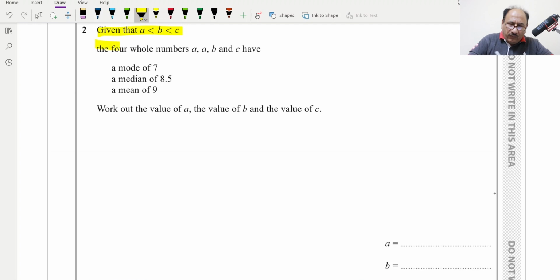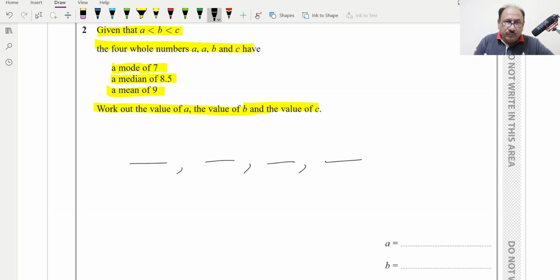Then question number 2, given that A is less than B and B is less than C, the four whole numbers A, B, C have a mode of 7. Mode is 7, median is 8.5, and mean value is 9. Work out the value of A, B, and C. So there are four positions, and they are saying mode is 7.